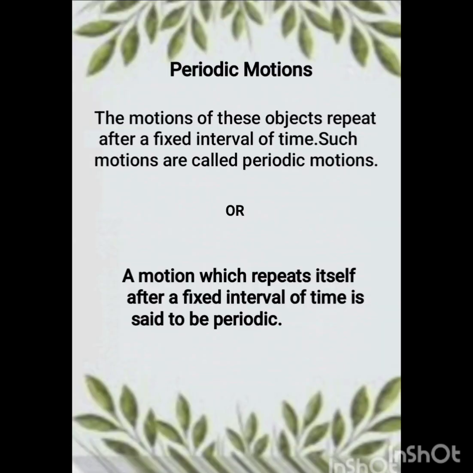The motion of these objects repeats after a fixed interval of time. Such motions are called periodic motion. Let's learn again: a motion which repeats itself after a fixed interval of time is said to be periodic.